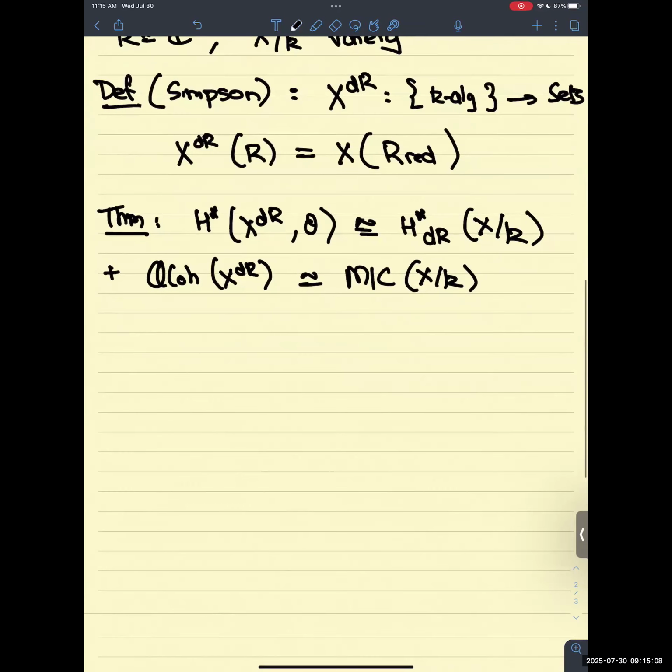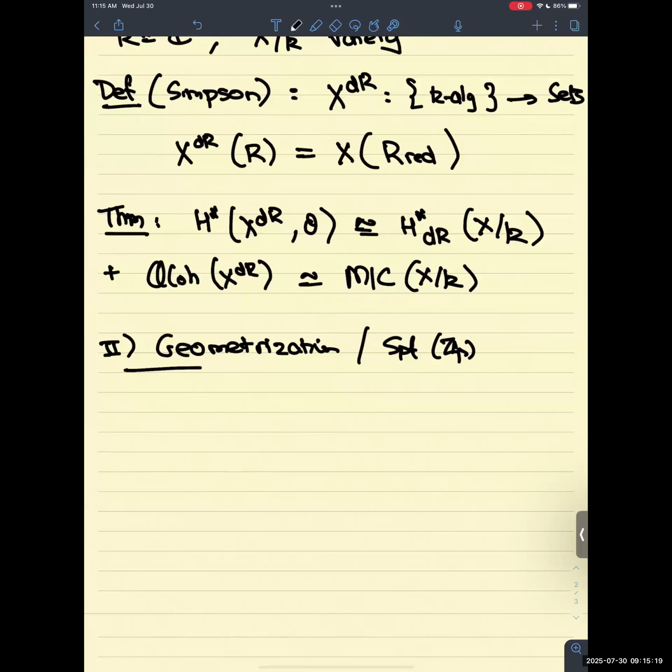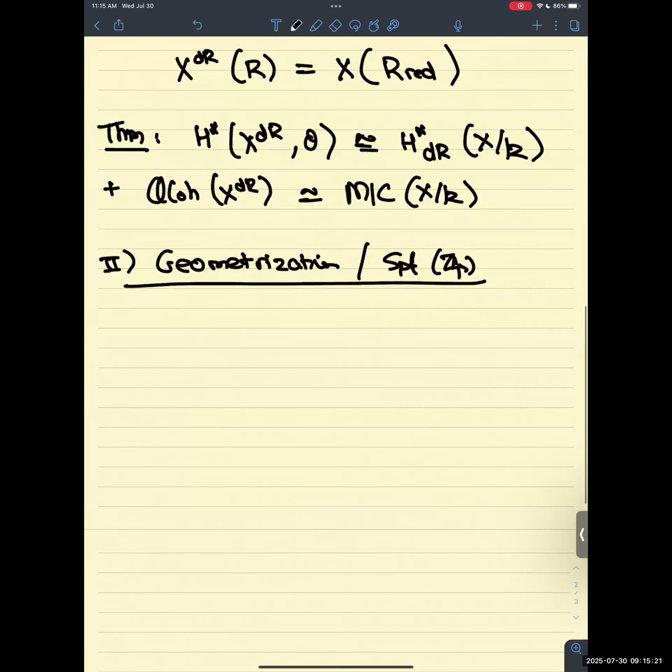So let me say now what we're actually going to do. So now let's talk about geometrization over Spf Z_p. I don't want to formulate precise statements now. We'll do this over the course of this talk and the next talk.